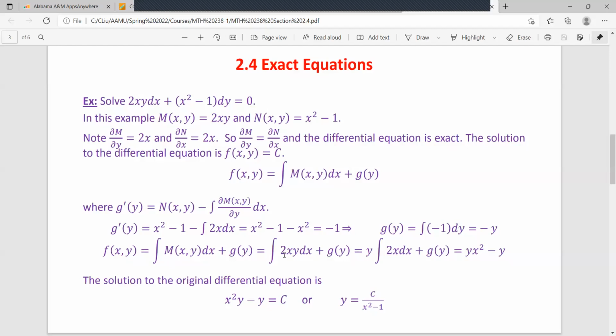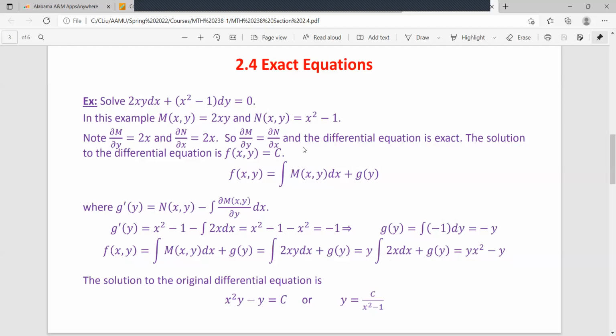When you integrate this function with respect to x, you can treat y as a constant that can be taken out from the inside. So you take out the y and just integrate 2x with respect to x. You get x squared for the integral. So it becomes y times x squared in the first term, and g(y) is -y. So we got f equals yx squared minus y.